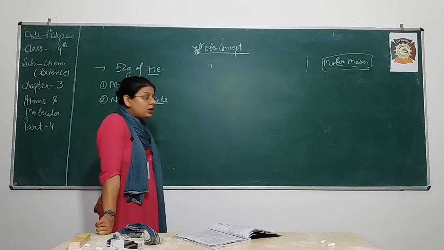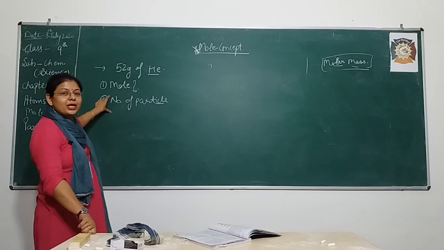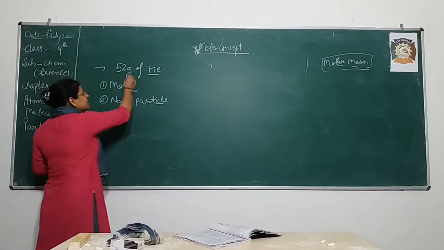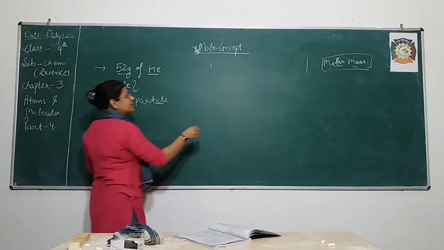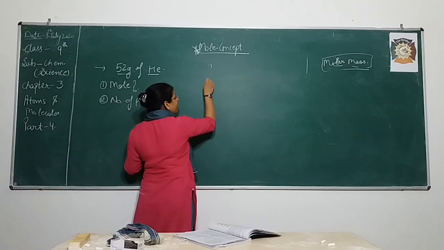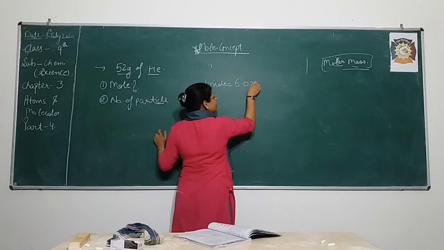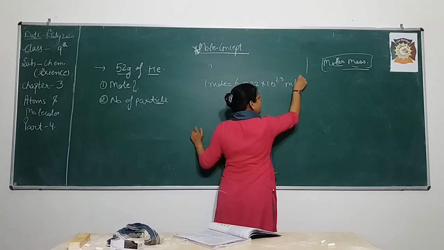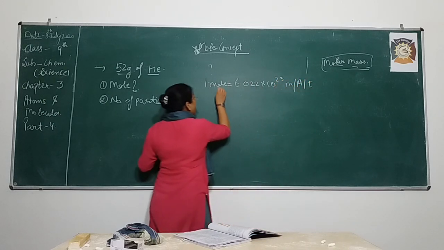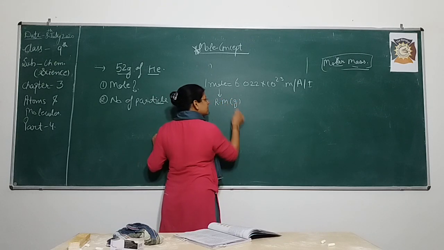You are mature enough to solve the other kinds of numerical. I am just explaining the concept. The concept here is mass is given, he is asking about the moles and the number of particles. The thing I have to remember is that 1 mole is 6.022 into 10 raised to the power 23 molecules, atoms, or ions, and is equal to its relative mass in grams.